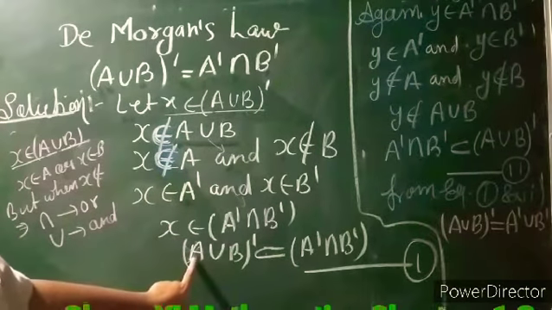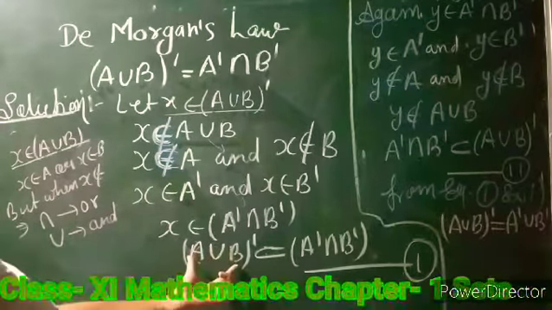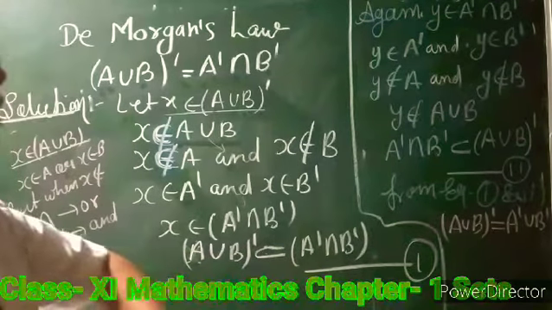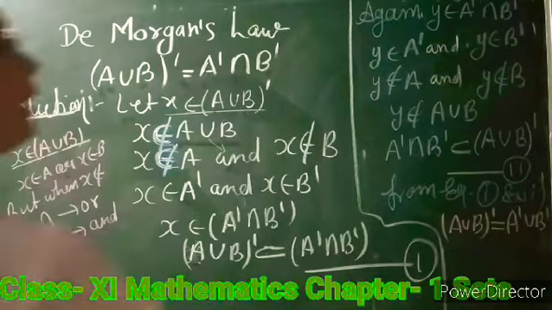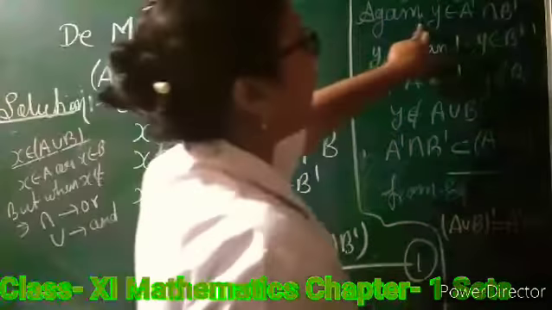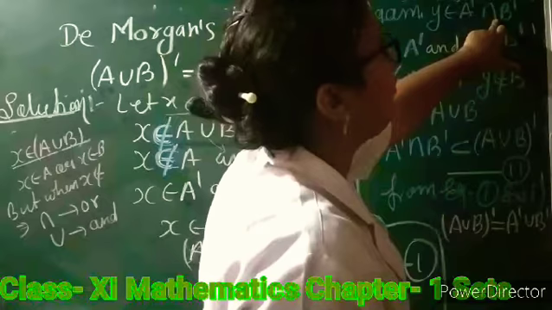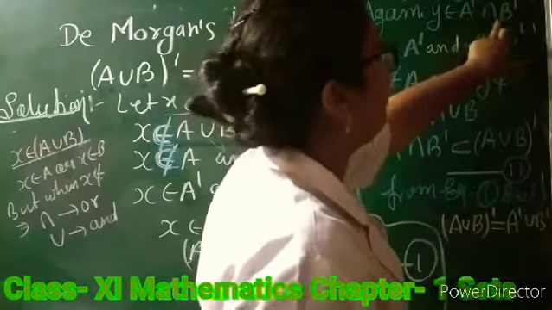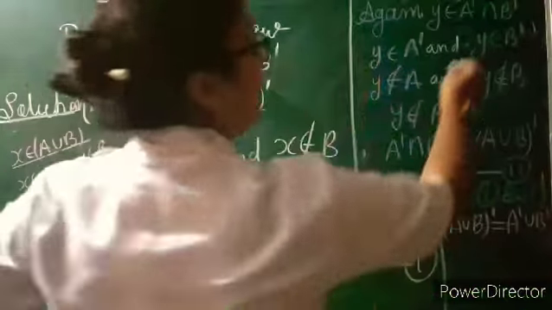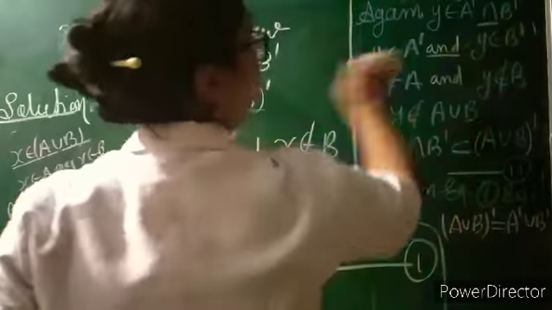Here you see the complement of set A union B is a subset of the complement of set A intersection complement of set B. Like that we consider Y belongs to A dash intersection B dash. So here we remove this sign and we write here and.